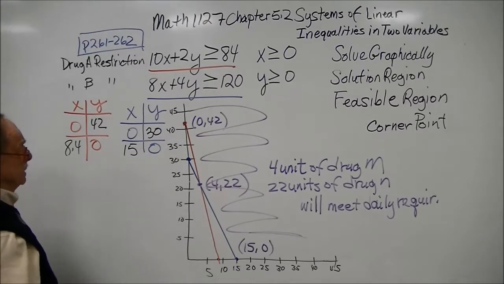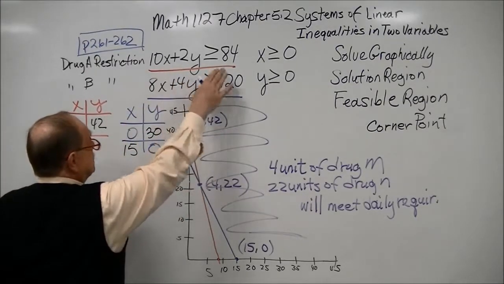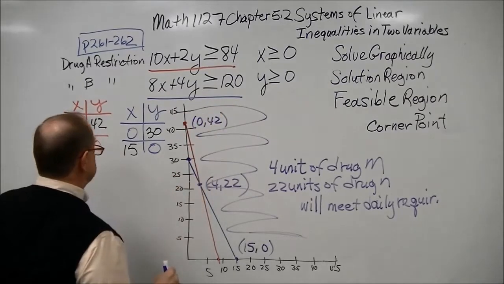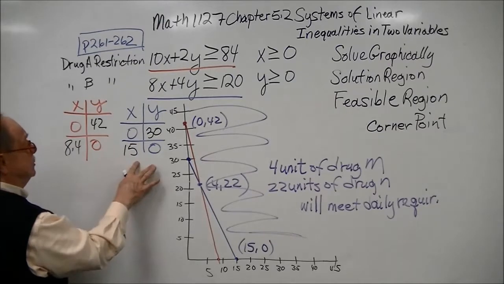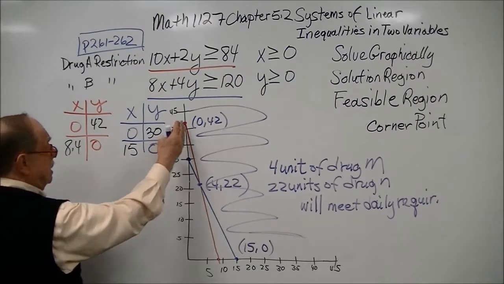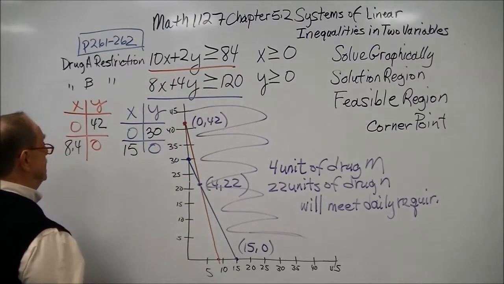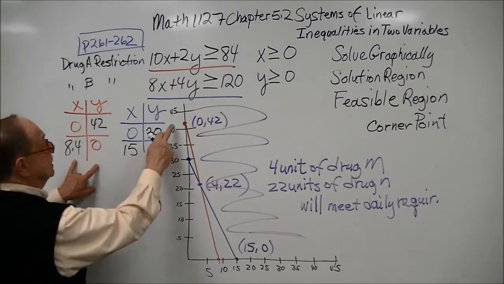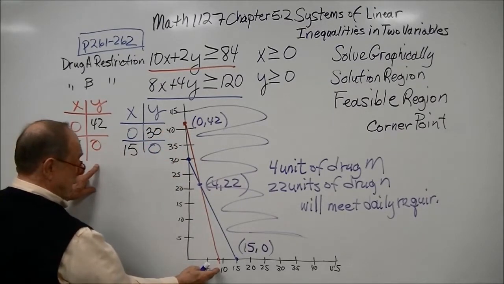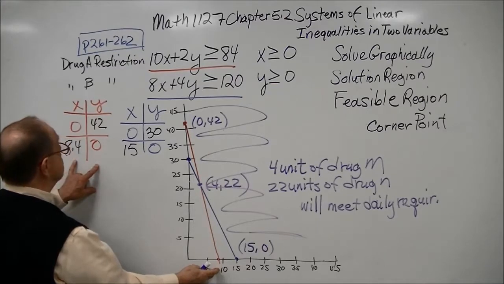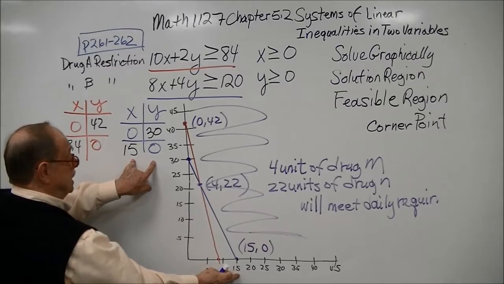So again, as we figured out from what the book is telling us, these were our basic inequalities. Since they were in standard form, we put them in T charts to get our X and Y intercepts, color-coded them so you could see. So for the red, it was 0, 42, 8.4, 0, and then it was 0, 30 and 15, 0.